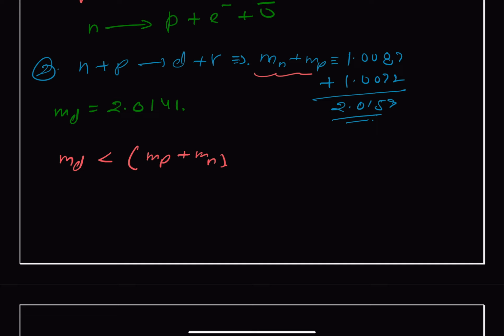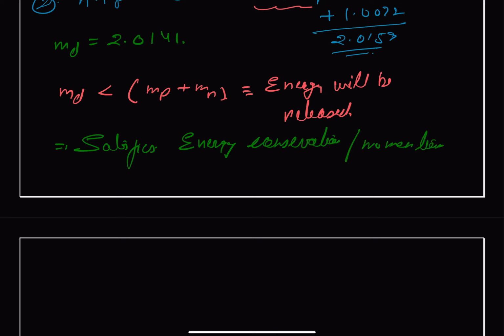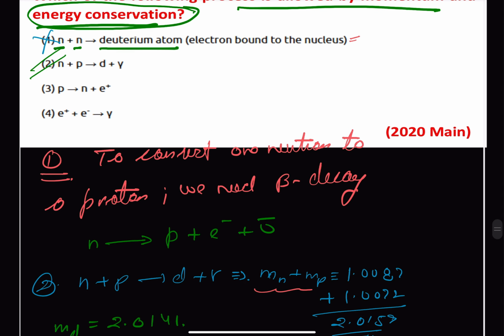Therefore from here we can say that energy will be released, and it satisfies our conservation of energy and momentum. Therefore, option 2 is correct.